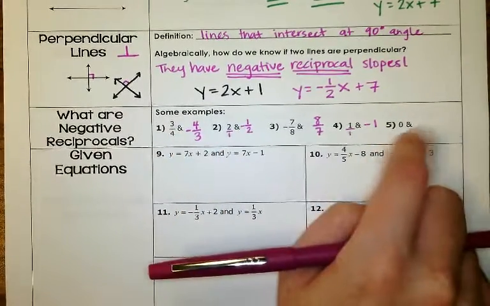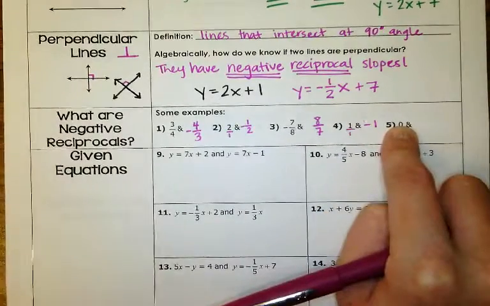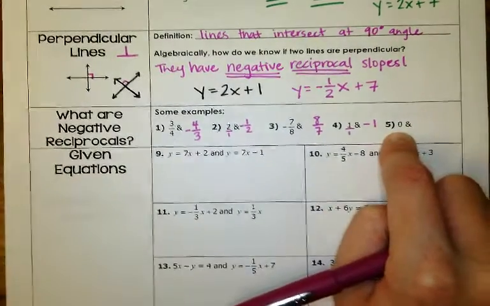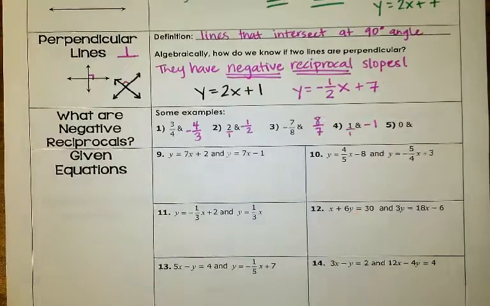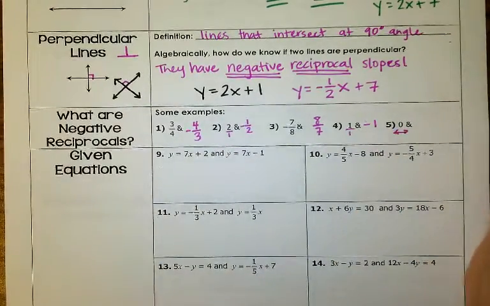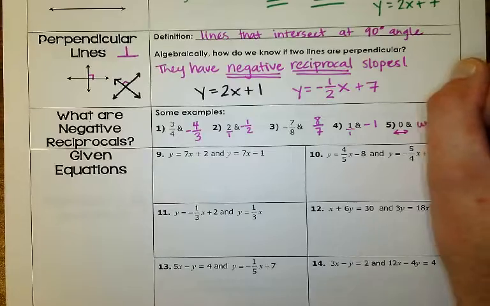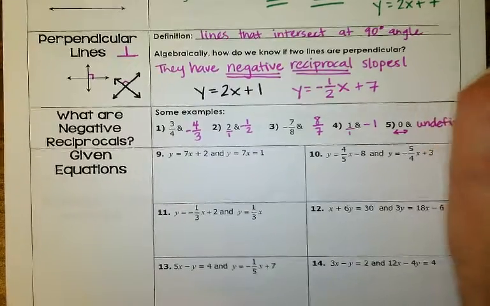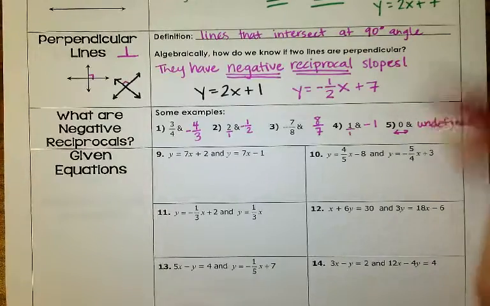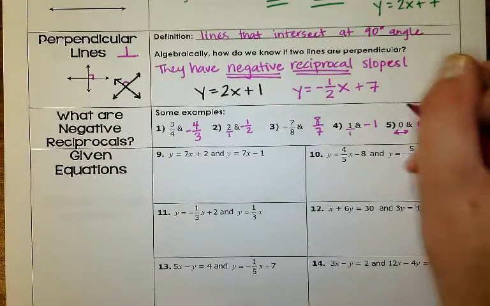What would be my reciprocal slope to a 0 slope? Ooh, parallel would be 0, right? Because remember, this is a horizontal slope. So yes, I heard a couple people say this. The reciprocal to that would be undefined. Because guys, a 0 slope is kind of like saying 0/1.